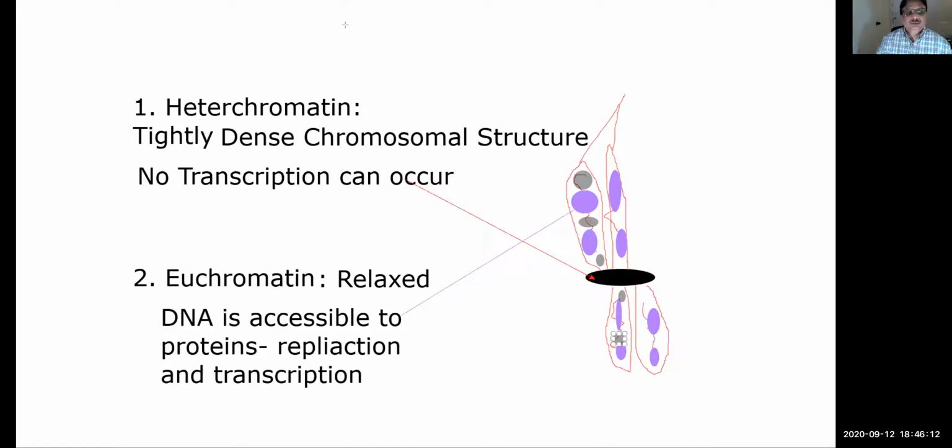A chromosome is dynamic. It could be heterochromatin, it could be euchromatin, right? But the centromere is primarily a heterochromatic structure, tightly bound. Okay, so now let's go back to the slide.